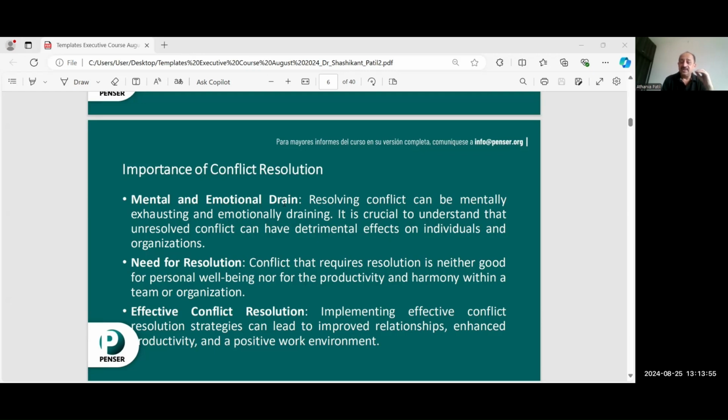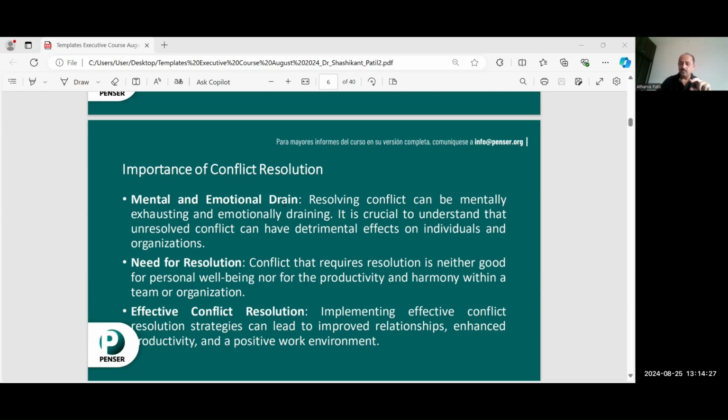So there is one way to sort it out, one way to get rid of it, and that is effective conflict resolution. Effective conflict resolution means implementing strategies, methodologies, and mechanisms which can lead to improved relationships, improved bonding, enriched productivity, and a positive work environment.